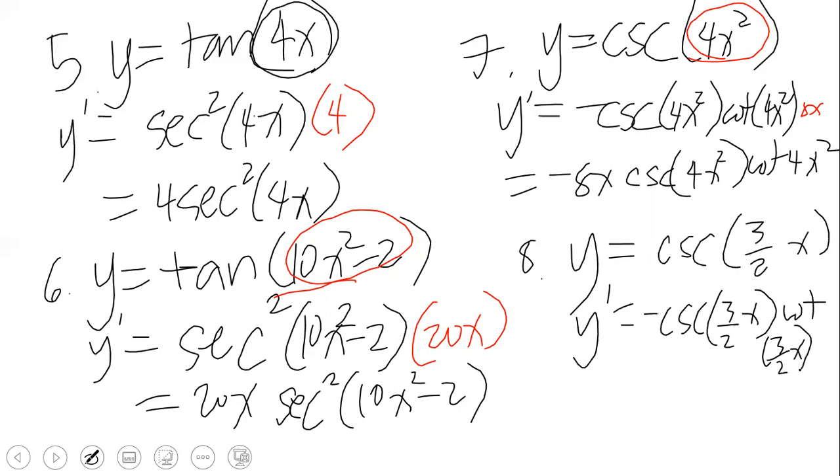The derivative of angle is 3 halves. So rewrite natin negative 3 over 2 cosecant 3 over 2x. Then cotangent angle 3 over 2x. And that will be your final answer.